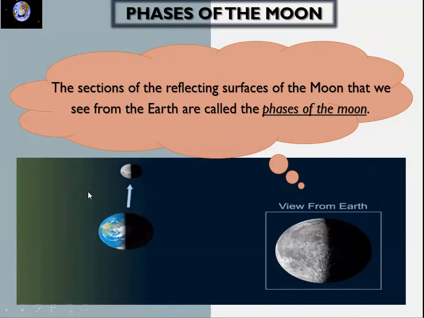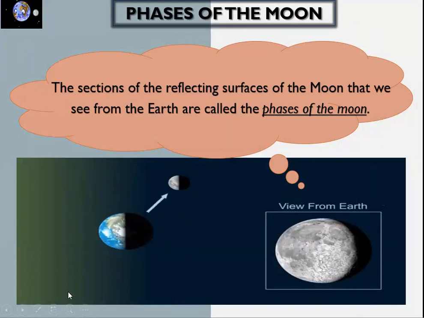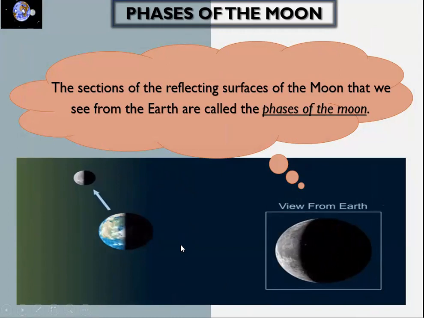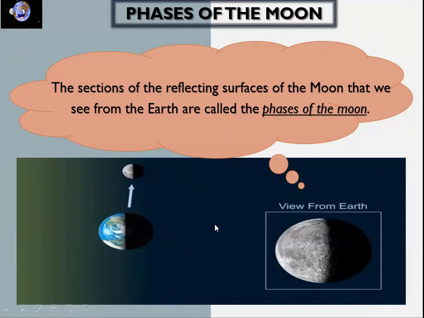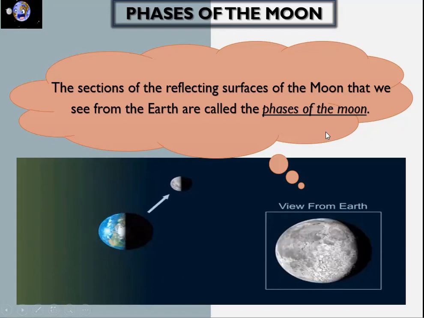When the moon is on the side of the earth nearest to the sun, we see a thin slice of the moon. This is called a new moon. Sometimes we see no moon at all.